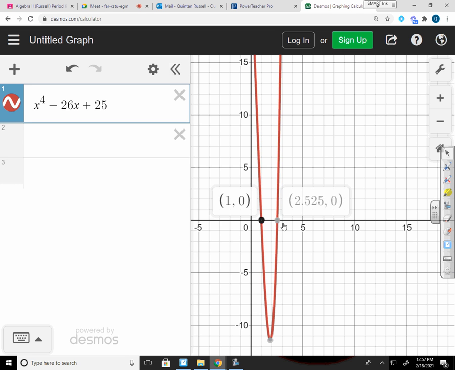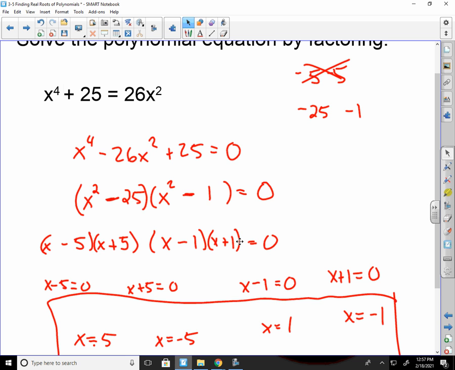And when I look, I have a 0 at 1, 0, and a 0 at 2.525. This is not really what I was trying to prove.